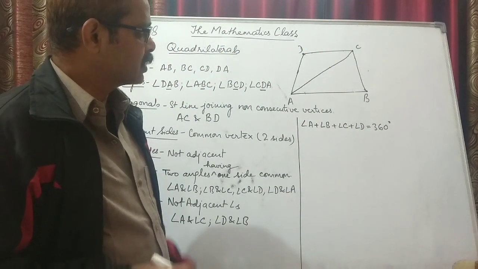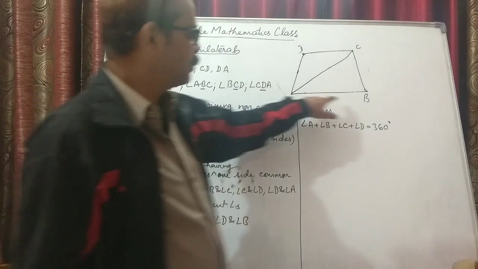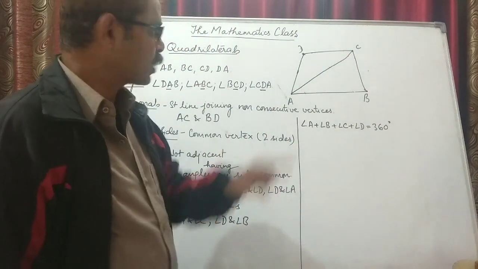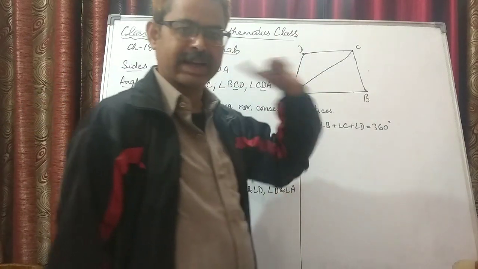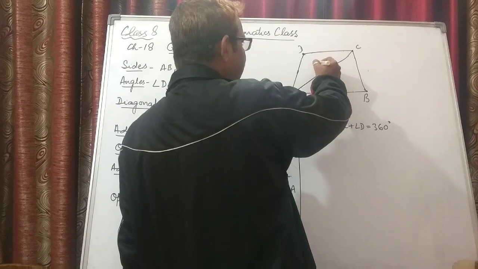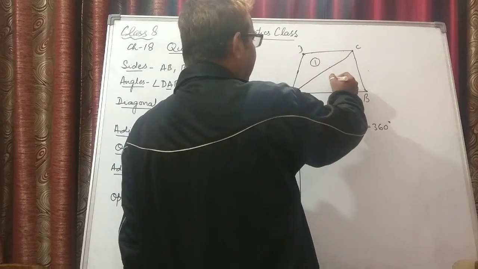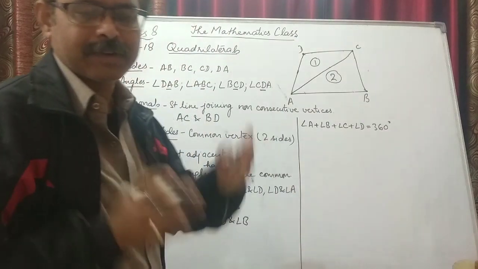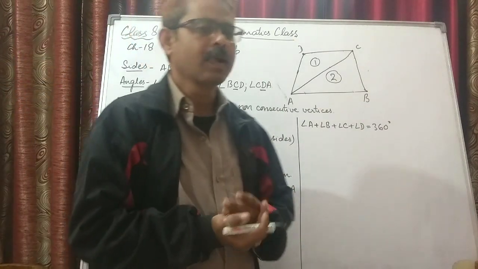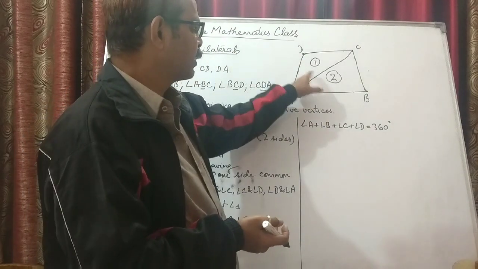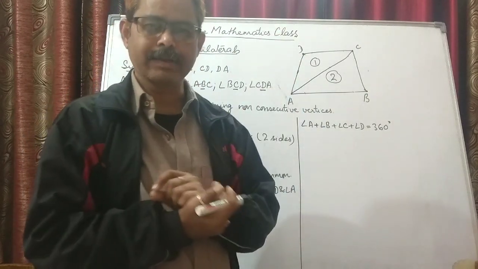So for this, if a quadrilateral ABCD is there, we will join one diagonal. So I have joined AC, that is one diagonal. When a diagonal is drawn, this quadrilateral is divided into two triangles.